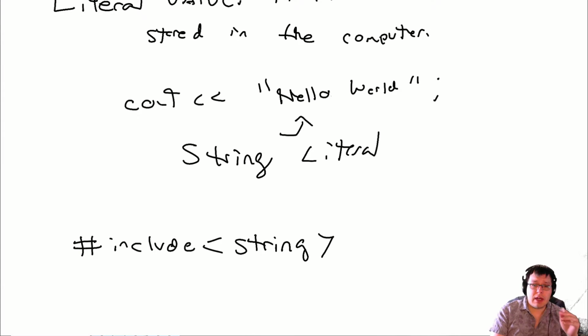However, I do want you to add it because I don't want you to become reliant on the compiler to the point that you don't know why it's happening. In theory, you should always have it in your assignment if you're dealing with strings. We didn't actually have it in the first assignment, technically, but ideally you should, because if somebody decides they're not going to do it, then your program doesn't work anymore, right? So when you're using strings, you should include string, and that will give you all the string capabilities.